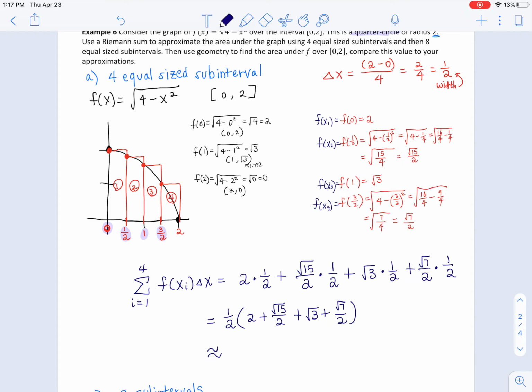Now, we should get something very close to pi, though, don't you think? So at this point, I'm not going to spend any more room there because I want to do the calculation at the bottom. Add these numbers together and divide it by 2 for me. So what is 1/2 times 2 plus square root of 15 over 2?